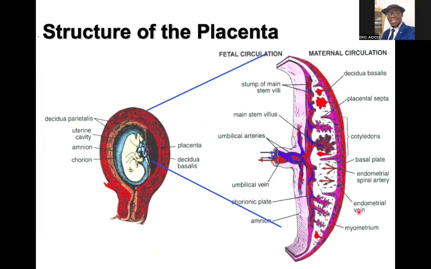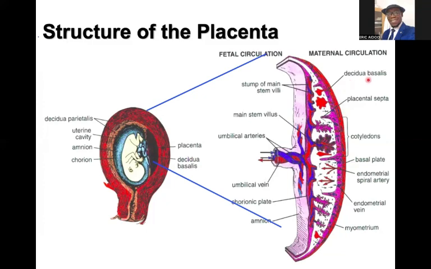That's the myometrium, that's the endometrial vein and endometrial spiral artery, as a basal plate, and then these extensions that go into the intervillous space are going to form the cotyledons. This will be so prominent on the maternal side in a physical placenta. When you look at it, you will see these cotyledons forming some ridges and projecting outwards.